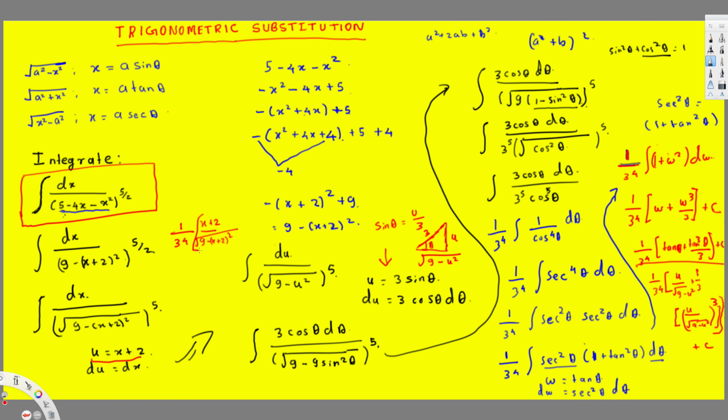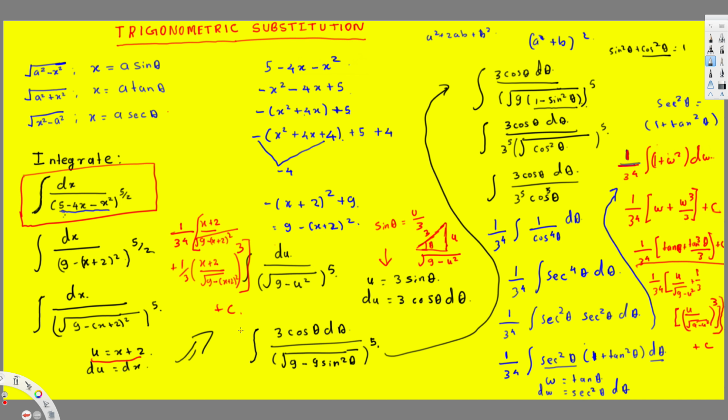Then we have plus 1 over 3, this one right here, x plus 2 over square root of 9 minus x plus 2 square, whole power 3, and at the end plus constant.